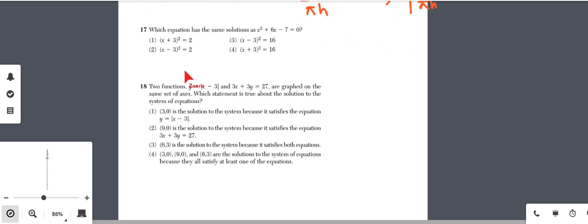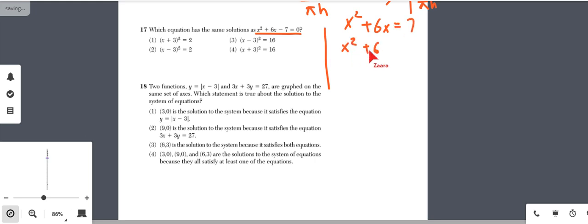Look at the next one. Which equation has the same solution as this one? So what I have to do, I will use the completing the square method. So it is x squared plus 6x equals 7.